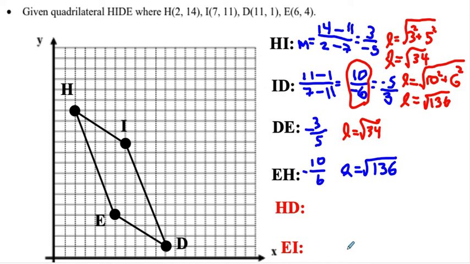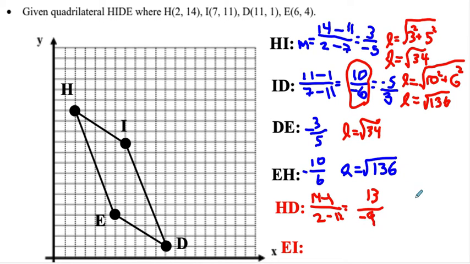And you just repeat the process for the two diagonals, HD and EI, which I haven't drawn in, but you can see if you connect non-adjacent vertices, that's what you'd get. So, for instance, 14 minus 1 over 2 minus 11, nice round numbers we're talking here, would be 13 and negative 9.